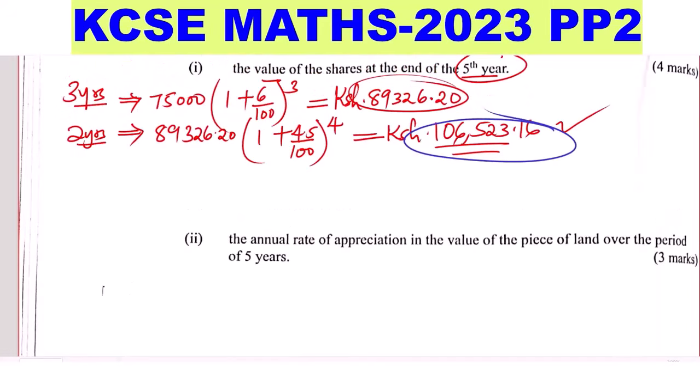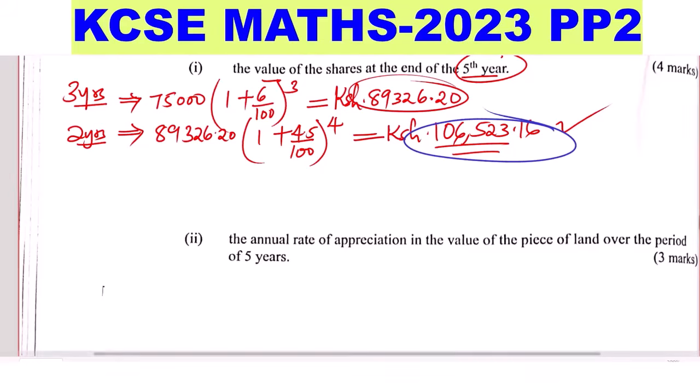The annual rate of appreciation in the value of the land over the period of 5 years. Now for the land, we know the principal, the same amount was invested, 75,000. And the period is 5 years, so we don't know the rate.